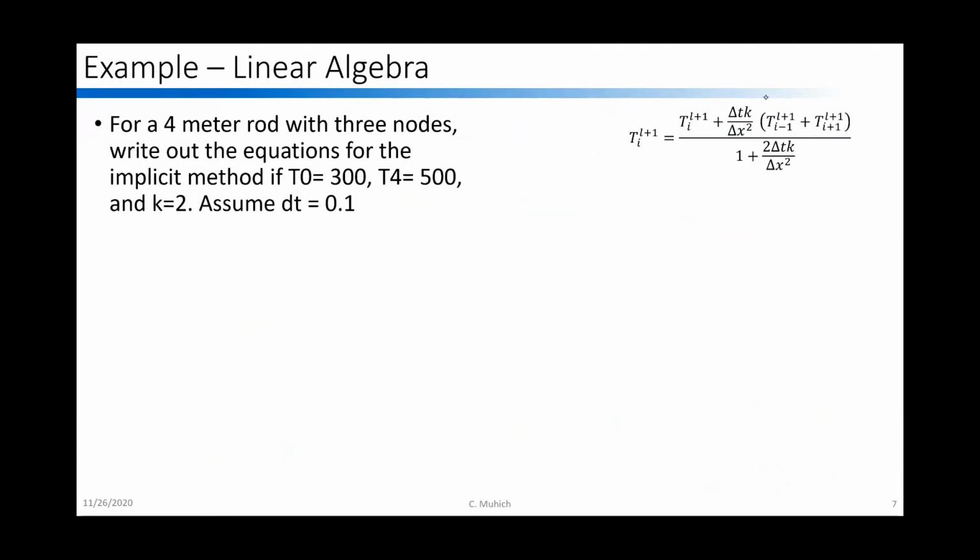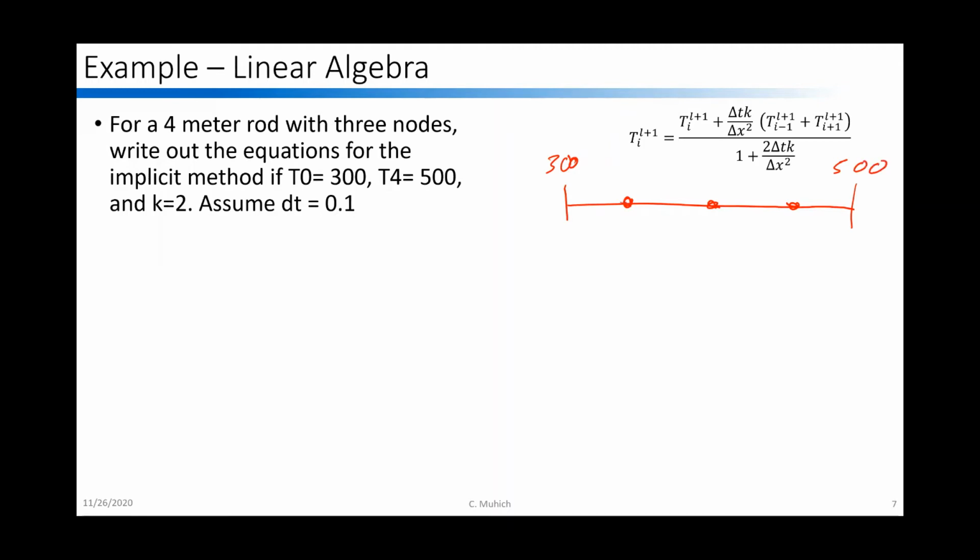Okay, so let's put this into action. Let's assume that we have a 4-meter rod with 3 nodes. So let's say here to here, we're going to have 1, 2, 3 nodes. On the left side, we'll have a temperature of 300. On the right side, we'll have a temperature of 500.